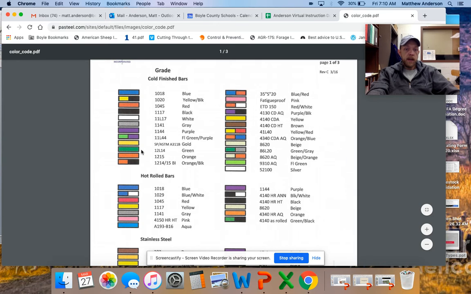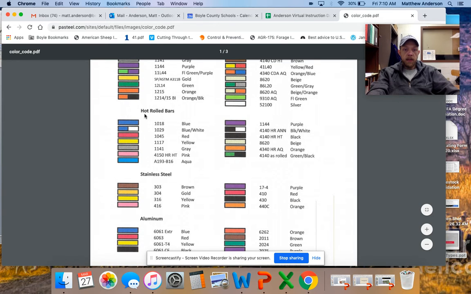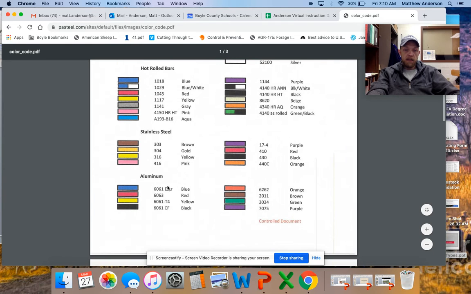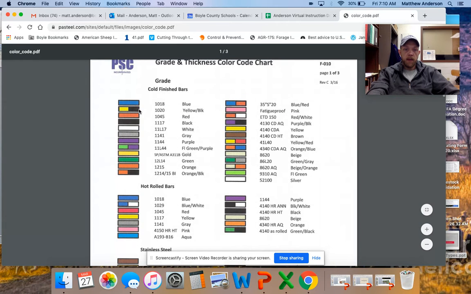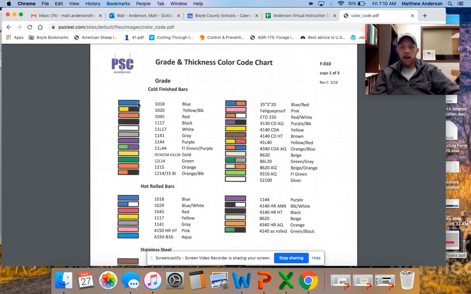And we've got green here. But then when you come down here to hot, we've got red again. When we talk about aluminum, we've got green, we've got blues, we've got blues for hot, and we've got blues for cold. So I don't know how to advise you there. I do know at Sandusky, the reds and the yellows are typically going to be the hot, and the greens are going to be cold.